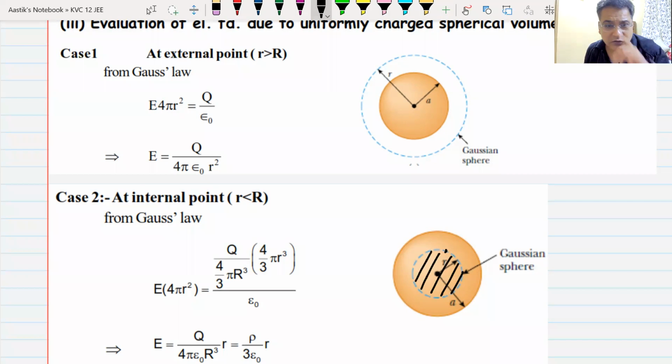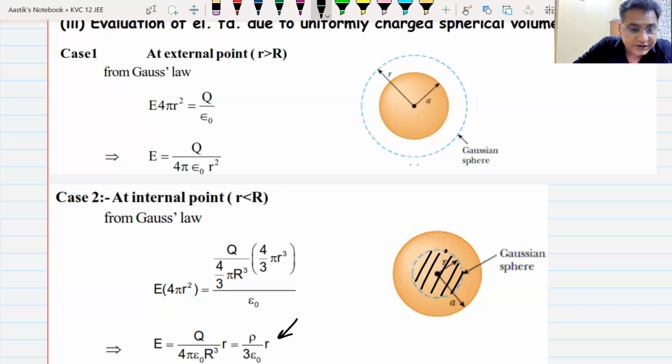And how do you find out? You multiply rho by the volume of the sphere, and that is how you end up with this formula. We had seen the vector form of this formula. Yes or no? That is the difference between internal points and external point. For external point, the total charge Q comes, but for internal point, only how much charge is coming will come.